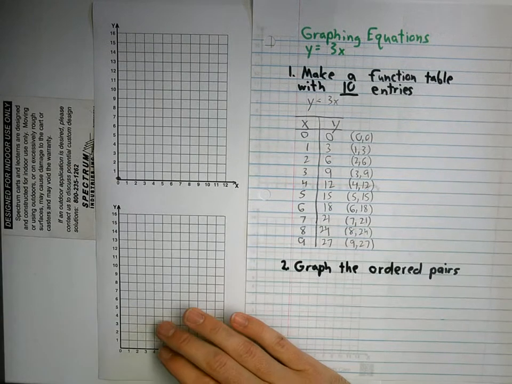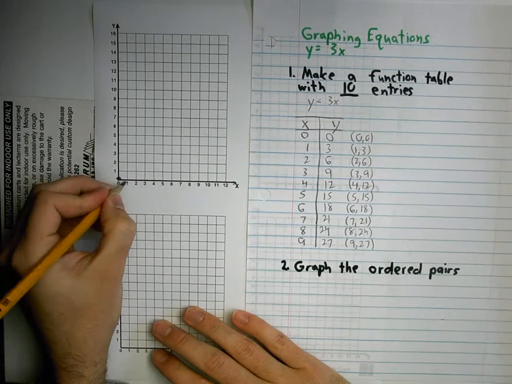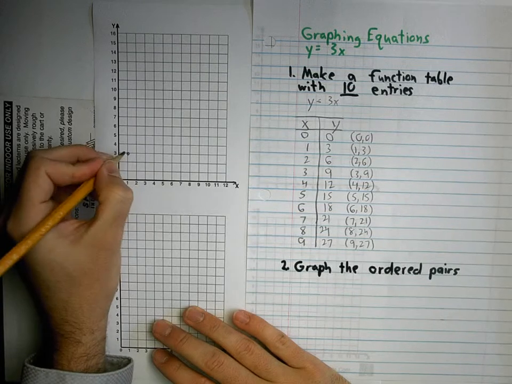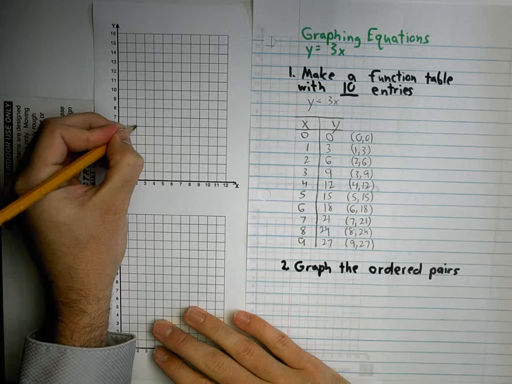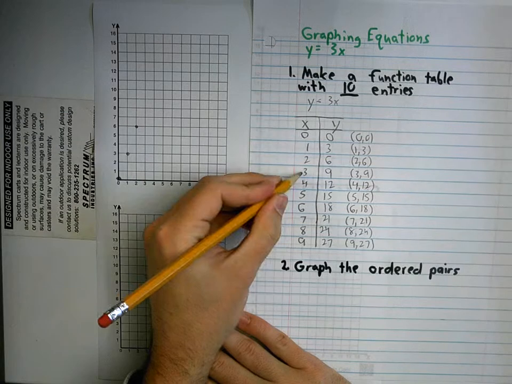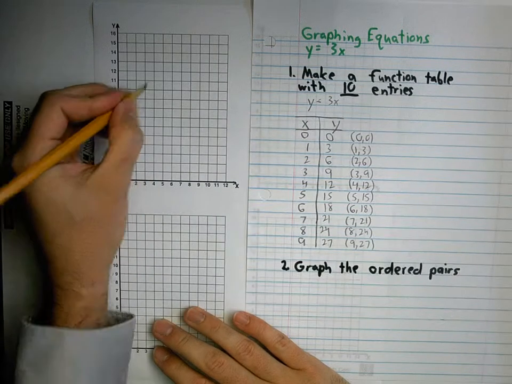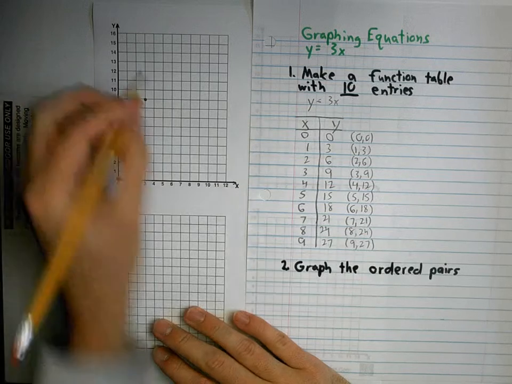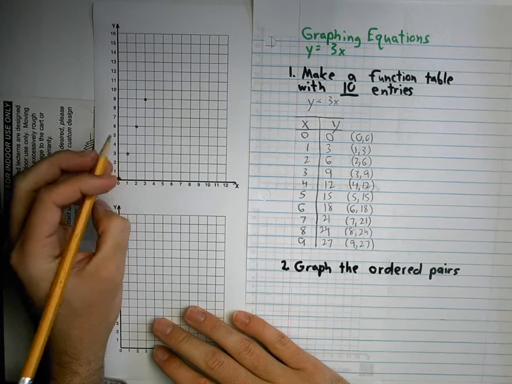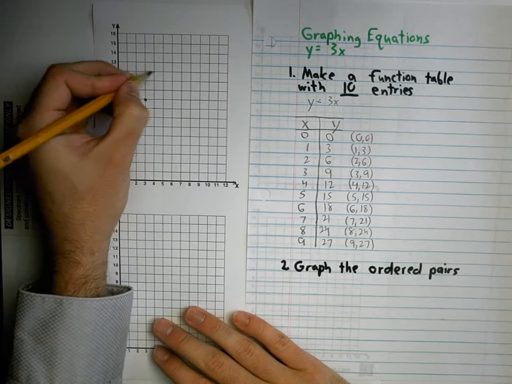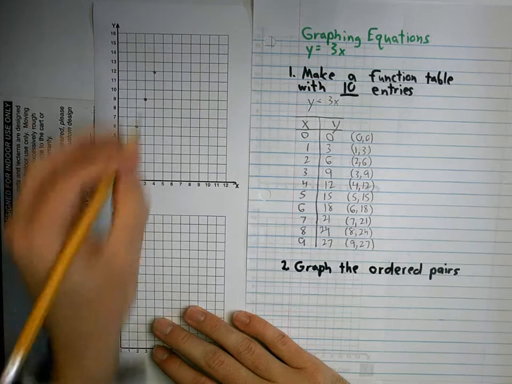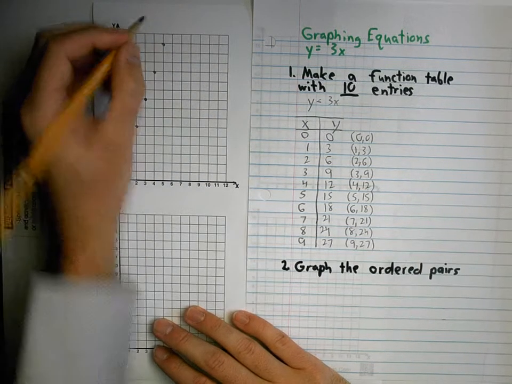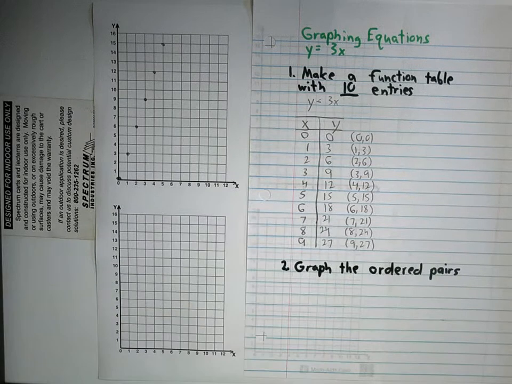It's real easy. 1 and 3, so I go over 1, up 3. Then over 2 and up 6. Then over 3 and up 9. Over 4, up 12. Over 5, up 15. And then I run out of room.